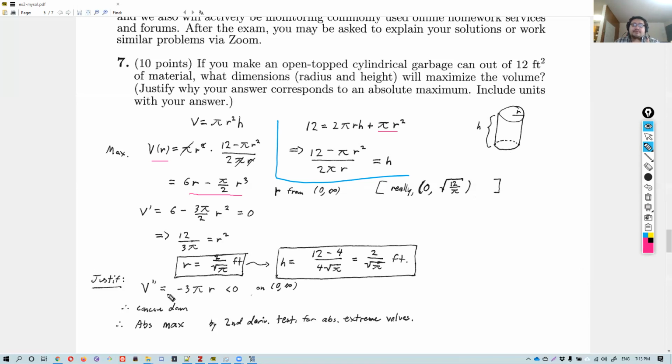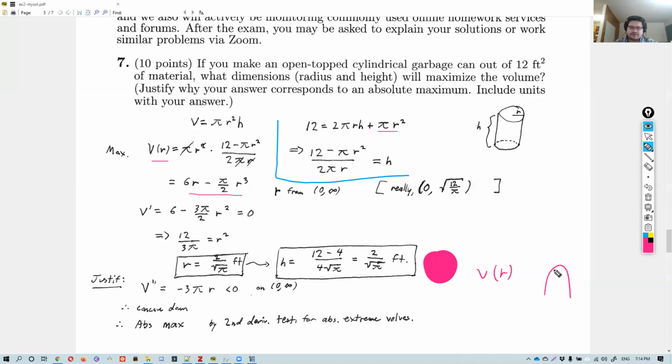Therefore, the second derivative is always negative, which means that this is concave down. Since the second derivative is always negative, this tells us that V of r looks like a parabola.